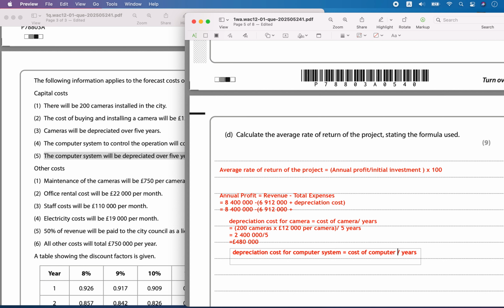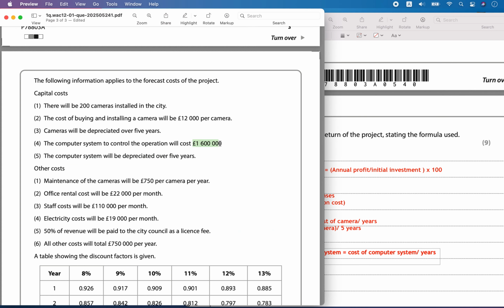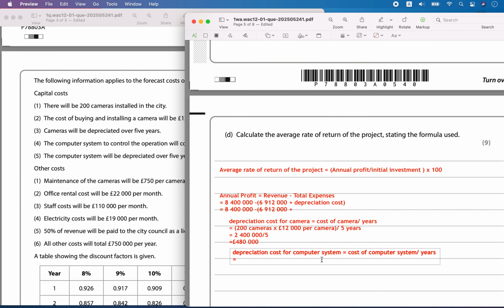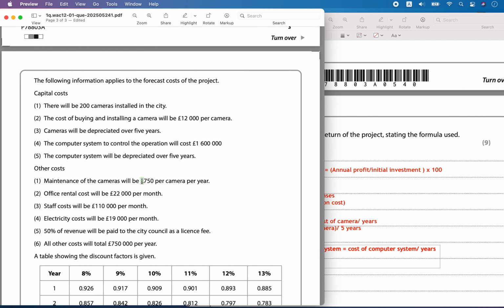It will be the cost of the computer system over the number of years you retain it: 1,600,000 divided by 5, which is 320,000 pounds.